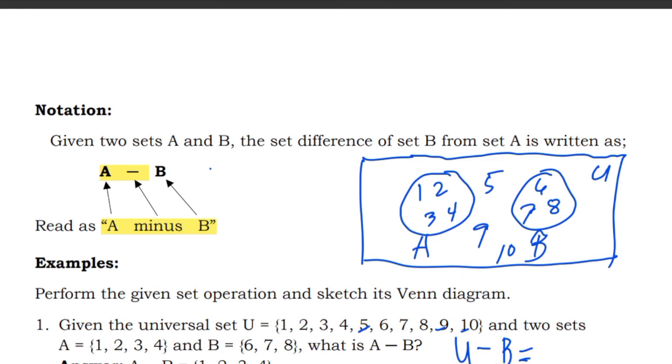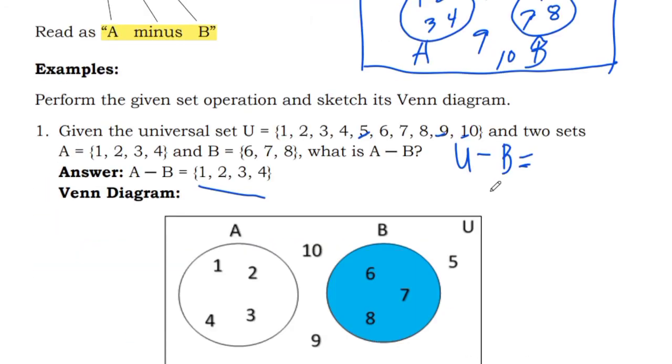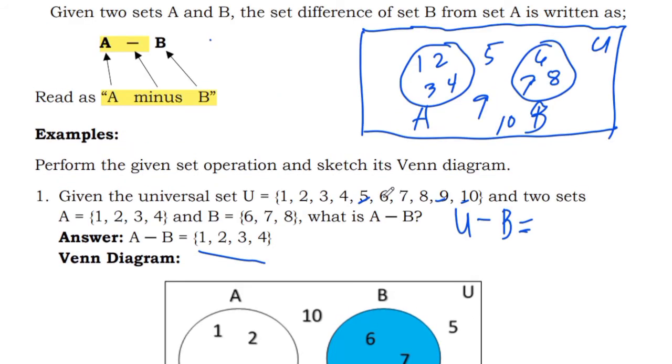All elements in set U, the mother set or universal set, that are not in B. So, for instance, those elements not in set B.